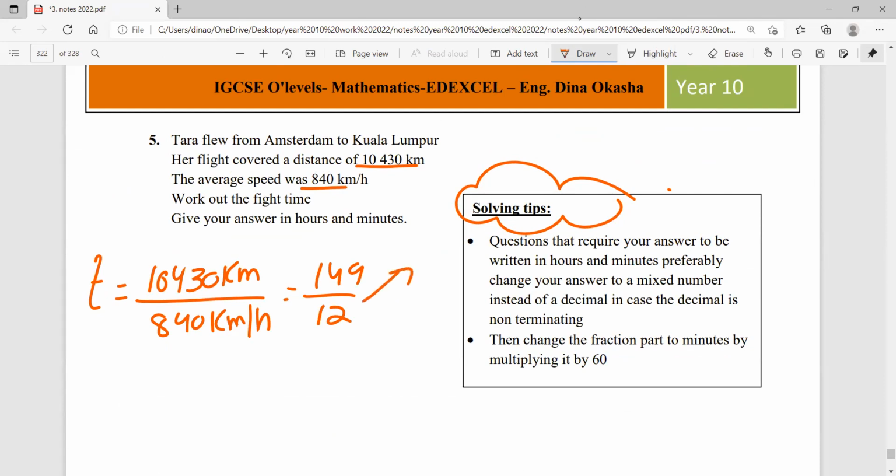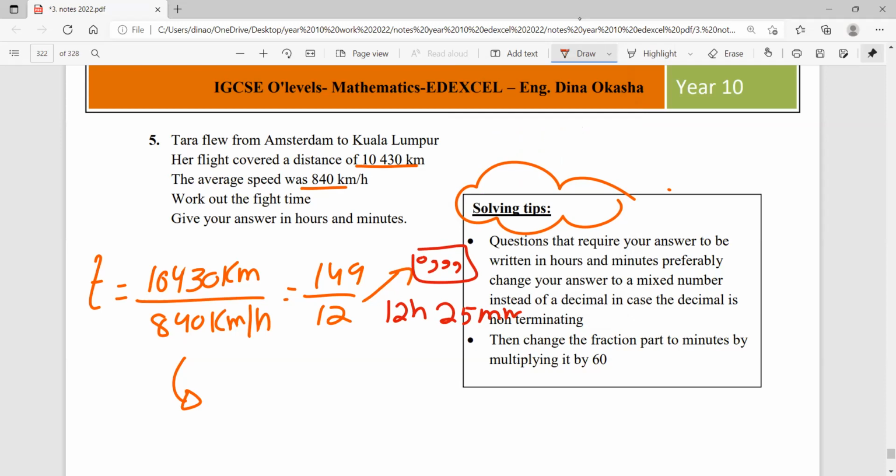What is the trick? And what are the steps? The trick is to press on the time button. Immediately it gives me 12 hours and 25 minutes. The step is to change to mixed number.